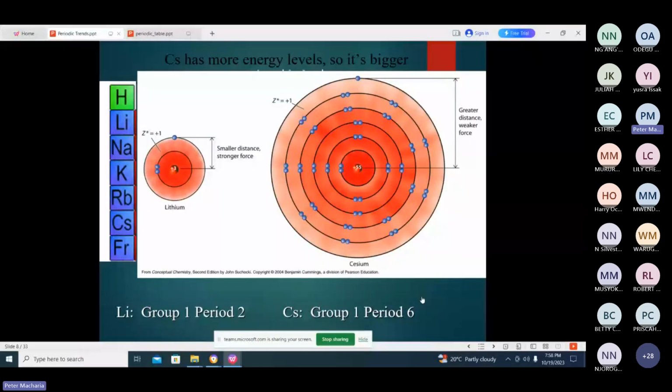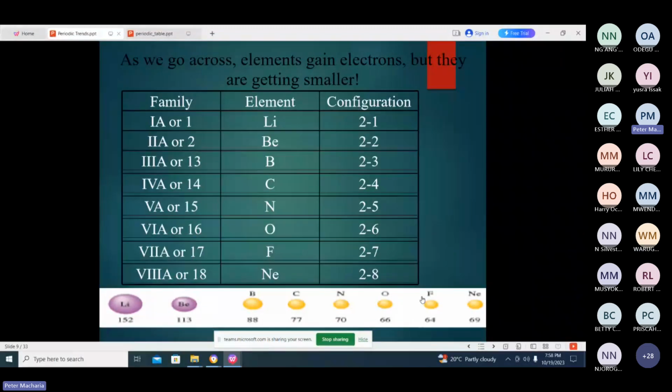Now, it means that in that kind of an argument, those elements in group 1 and 2 usually have more electropositivity than electronegativity. They have more ability to lose electrons than to attract electrons.